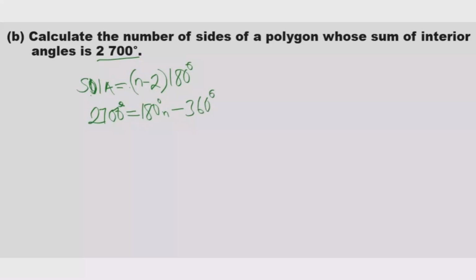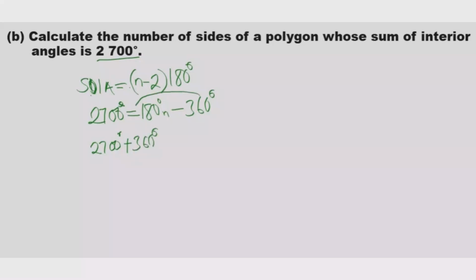Now what we do, we put like terms together. So that means we're going to have 2700 degrees, then this will cross the equal sign and become plus 360 degrees.